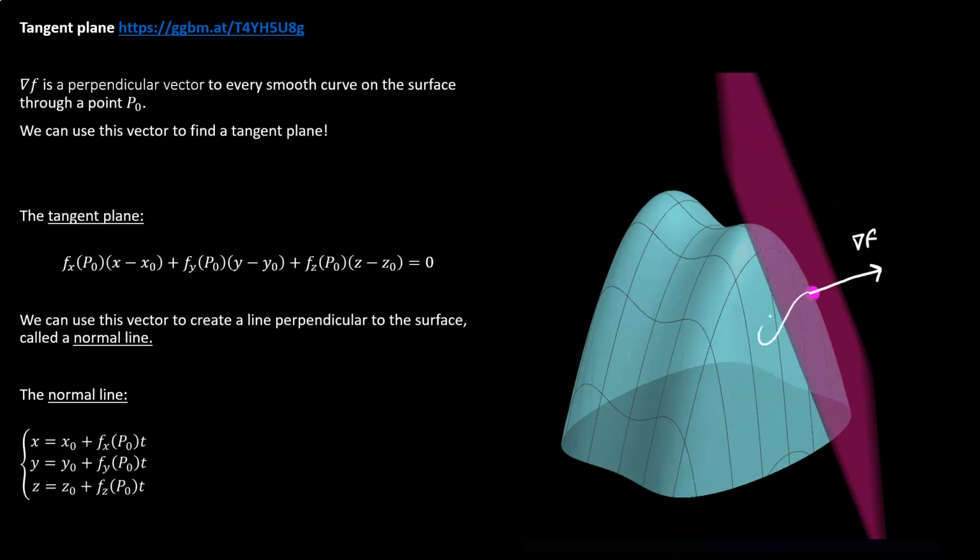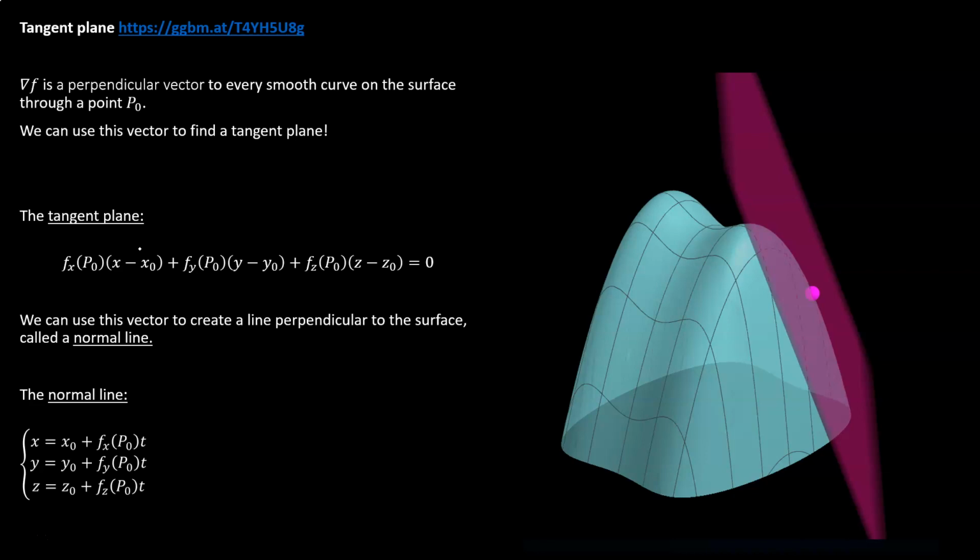So imagine any curve that I could draw on this surface, the gradient vector will be perpendicular to that. Which is great because that vector would also be perpendicular to any tangent line through a point on our surface.